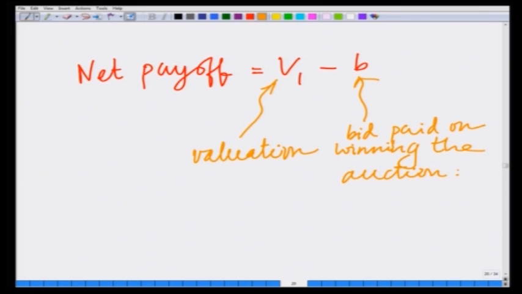So, he has paid an amount B to get the object, and he has a value of V1 for the object. So, his net profit or his net payoff is V1 minus B if he wins the auction.